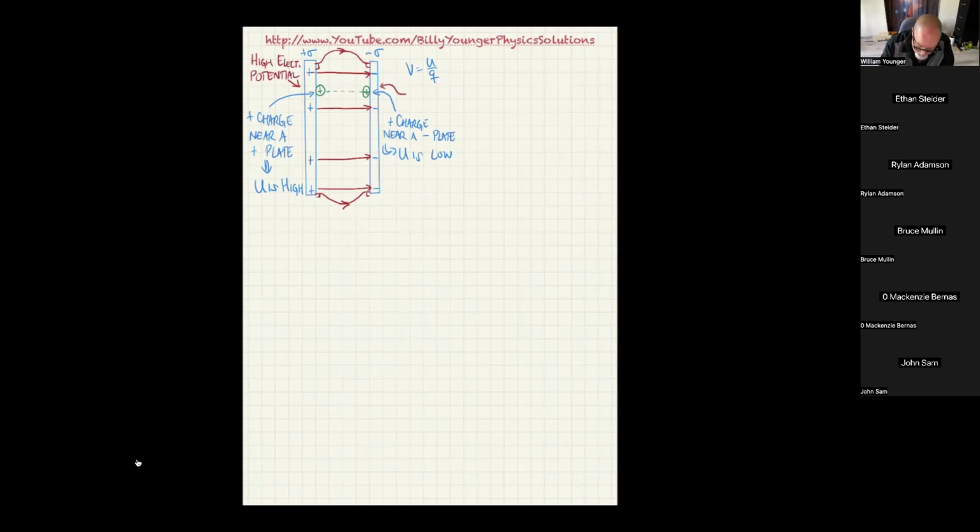Similarly, this corresponds to a low electric potential. So notice I'm saying electric potential without the word energy. When I leave off the word energy, if I just say potential or electric potential, I'm talking about voltage.